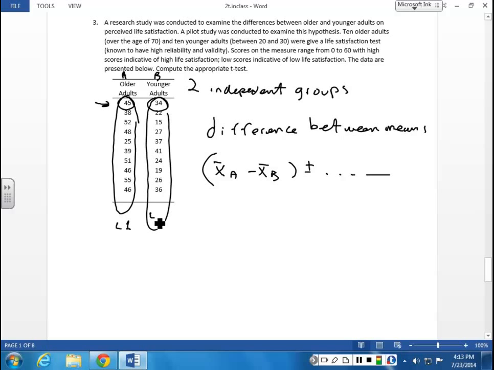Let's say we did that with L2. And then you would do stat, tests, let's say we're doing the confidence interval. You would do stat, tests, and then I believe that that's going to be option 10 or 0.